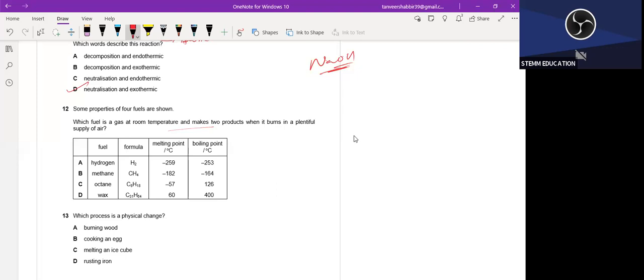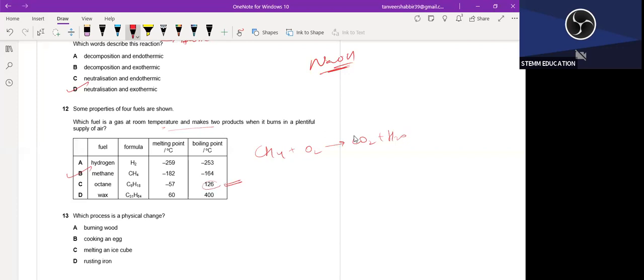So see here, if we have methane, when methane reacts with oxygen, it will form CO2 and water. Octane can also produce these, but it's not a gas at room temperature, because as we increase the number of carbons in the chain, more temperature is required.